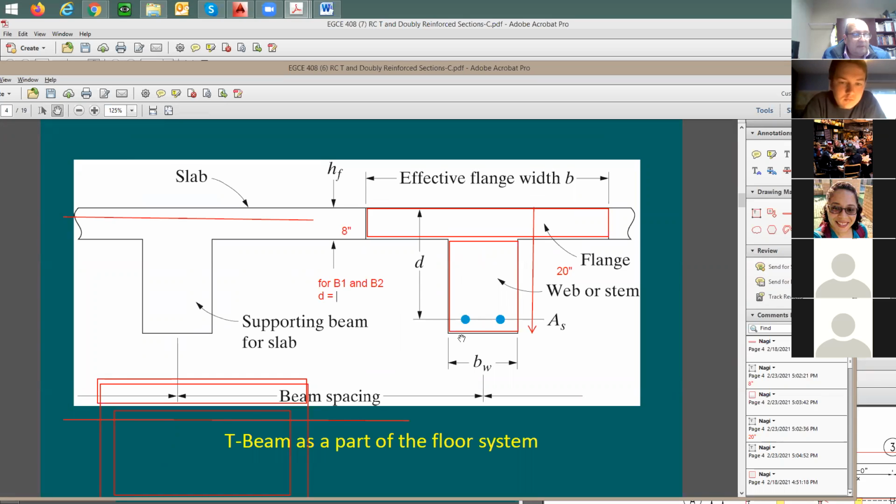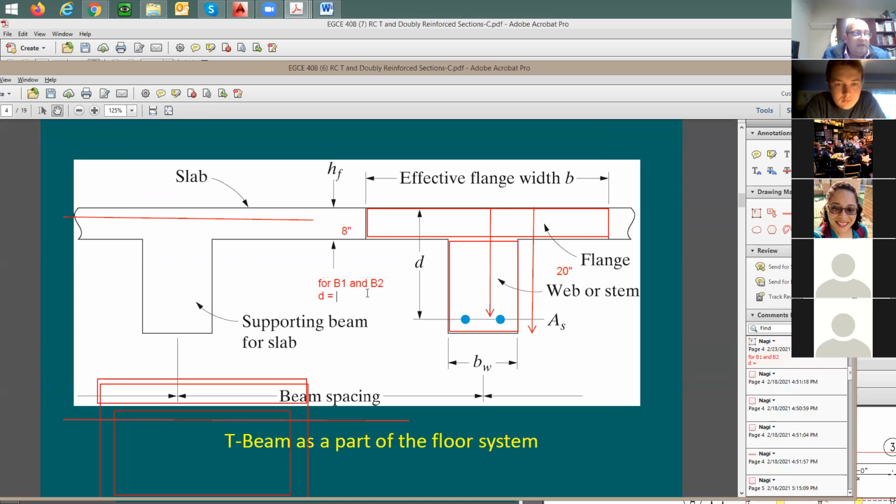Is it 12 inches? Or it's going to be the whole thing from the top compression to the tension? It's going to be this distance, right? You can say roughly 18.75. 20 minus 2.5. How about that? Yeah, 17.5 inch.